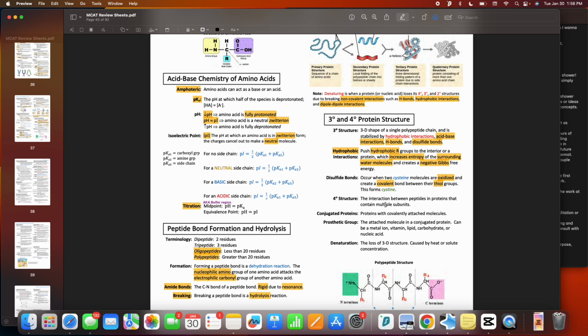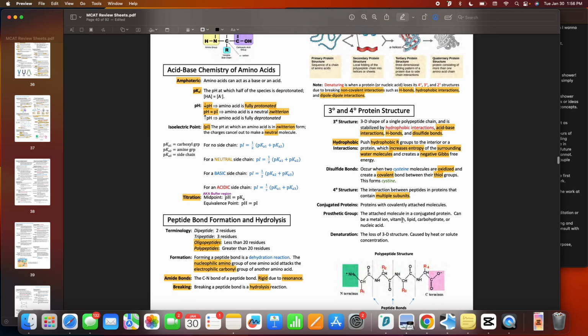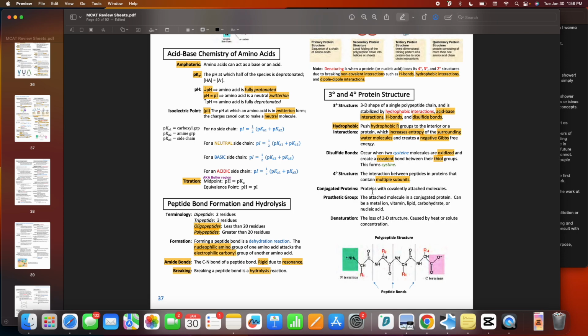So now we have multiple subunits of these 3D shapes. And we have conjugated proteins, which are proteins with covalently attached molecules. So again, we are facing a covalent bond that makes conjugated proteins. We'll come to that in the flashcards, hopefully. If not, we can just note it down.